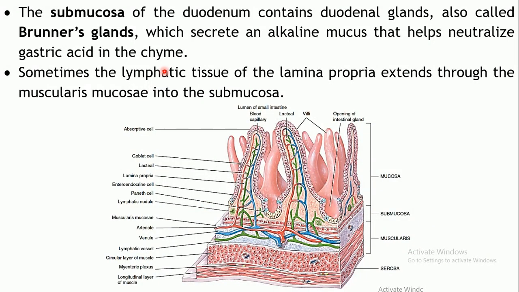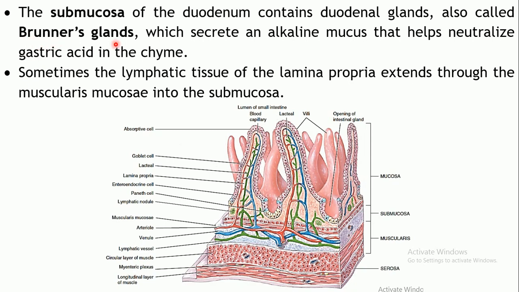Okay. Then the next layer of the small intestine is the submucosa. This is the one. So this submucosa basically contains the duodenal glands, also known as Brunner's glands.